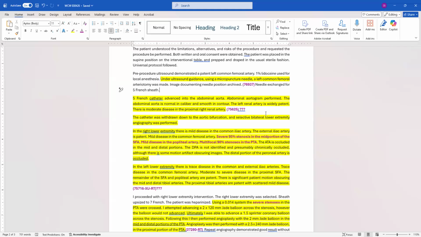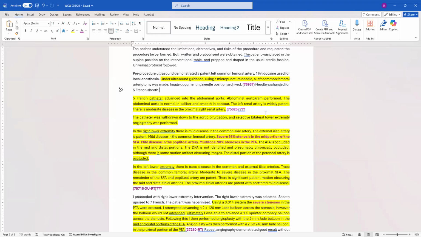So in a situation like this, if I'm auditing the case and if they have coded 75625, I will allow it because at least I know that we had that catheter placed up higher in the aorta in order to perform an abdominal aortogram because I see that the origins of the renals are mentioned, but I will put in a documentation recommendation on this to document a complete abdominal aortogram. So that's how I would handle it from an auditing perspective.